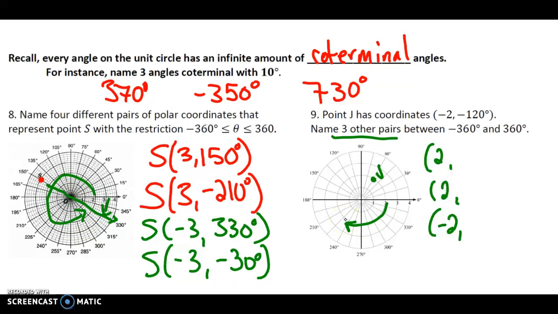You can add 360 and you get 240 degrees. Or we can use positive and use 60 degrees, which is the angle that our point is on. Or if we went negative and went clockwise all the way to 60 degrees, we would have negative 240 degrees.